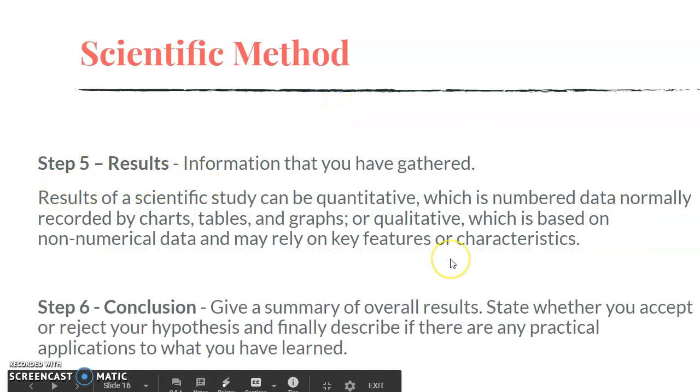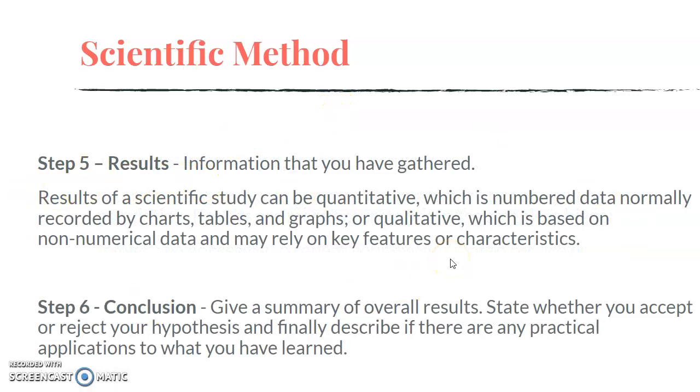After we have done all the experiments, we infer the data. Inferring means concluding. We try to conclude some kind of result or information after we have looked at all the charts and all the observations. The results of a scientific study can be one of two types.